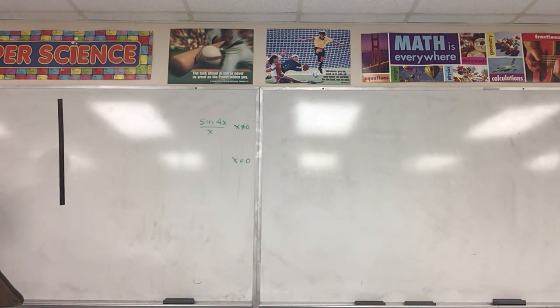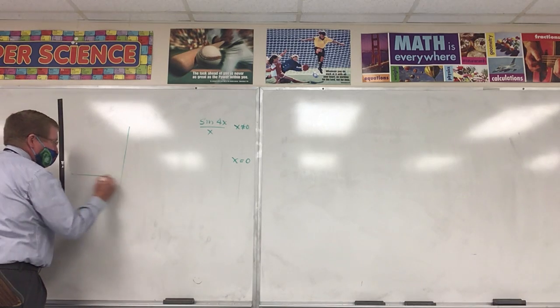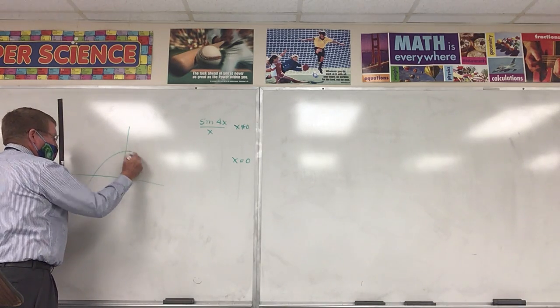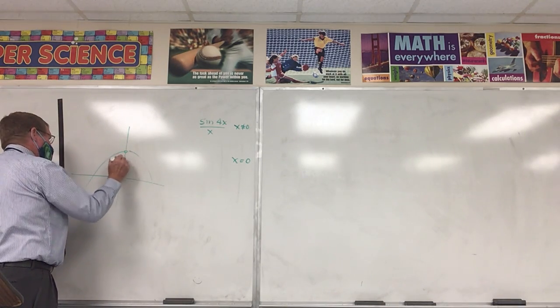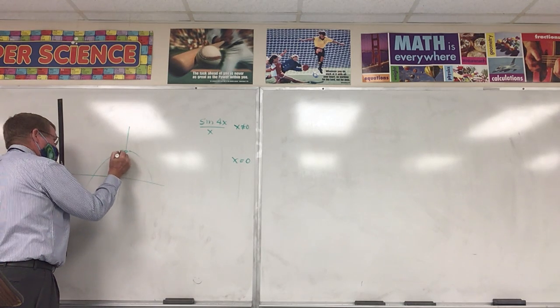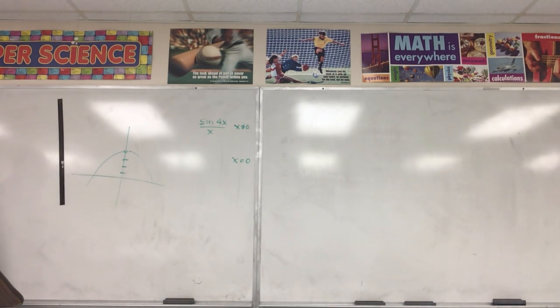Because right now we have something like this, where it comes up here at 4, and we have a hole. Okay, so we want to fill that hole in. What expression, what equation can I use to fill that hole in?